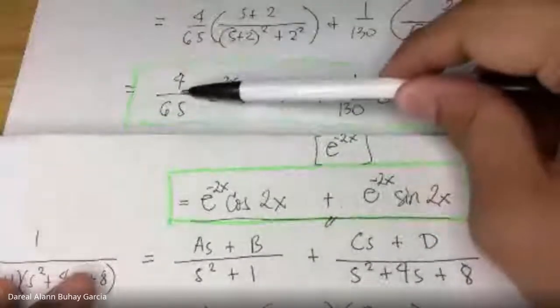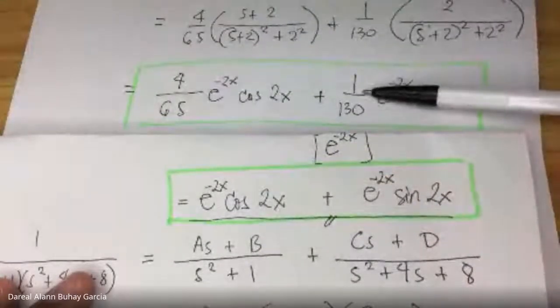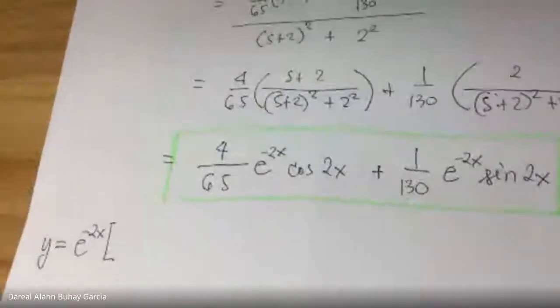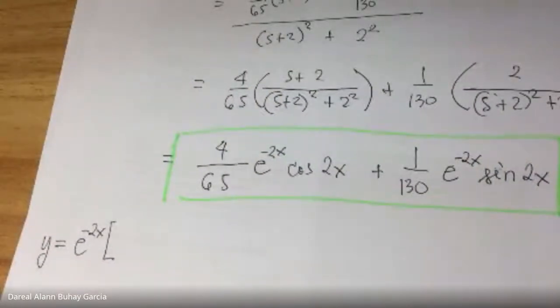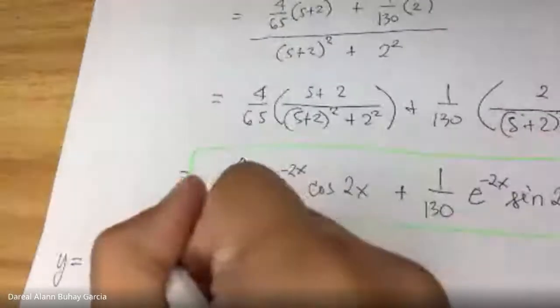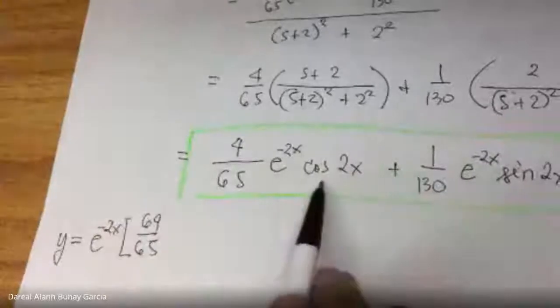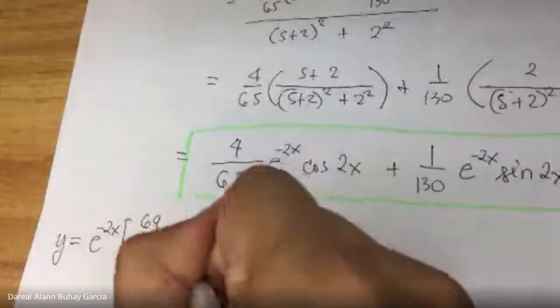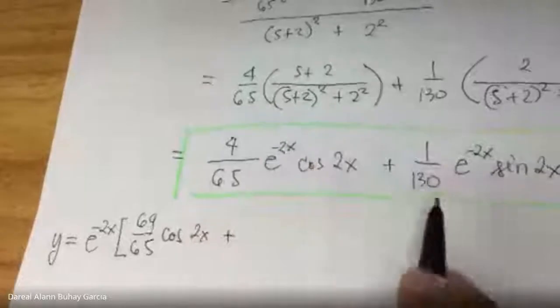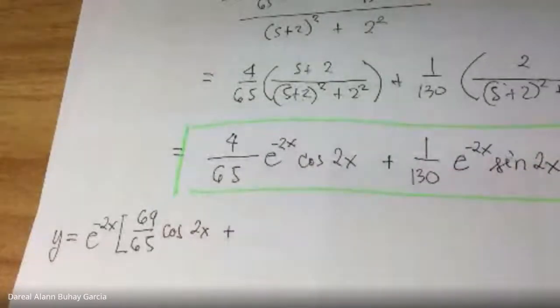So it's 4 over 65 plus 1, which is 69 over 65, cos 2x, and 1 over 130 plus 1, which is 131 over 130, sine 2x.